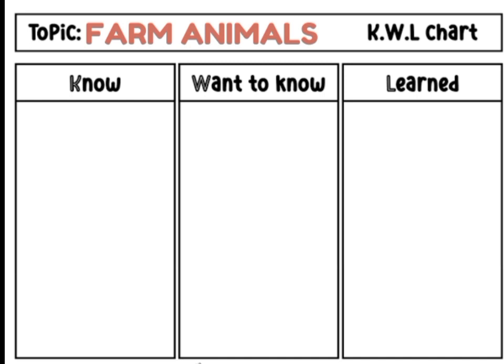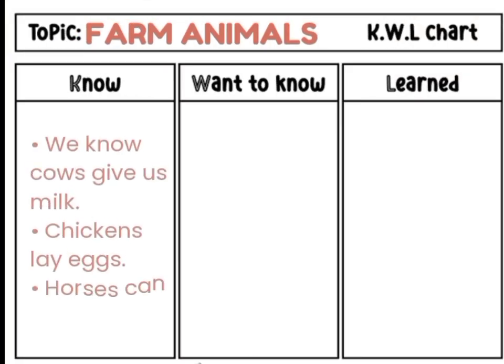This step is important because it activates their prior knowledge and helps them make connections to new information. For example, they say in the first column: we know cows give us milk, chickens lay eggs, horses can run fast.